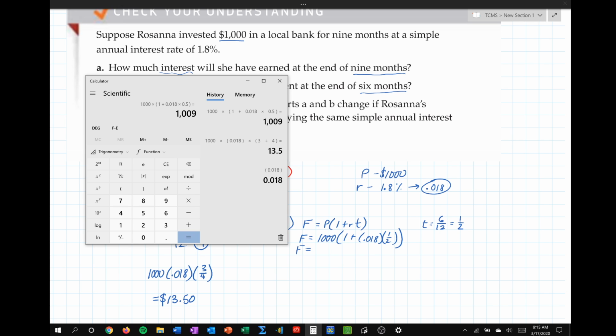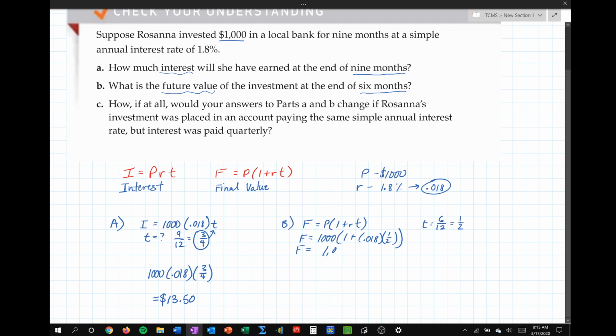And we end up with a value of $1,009. All right, so there it is, a quick recap.